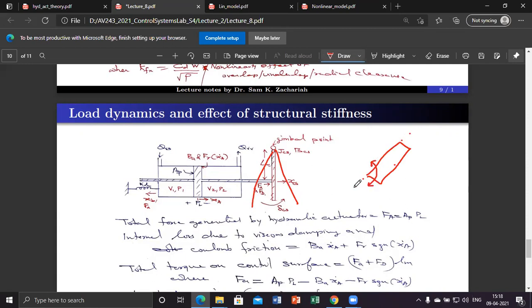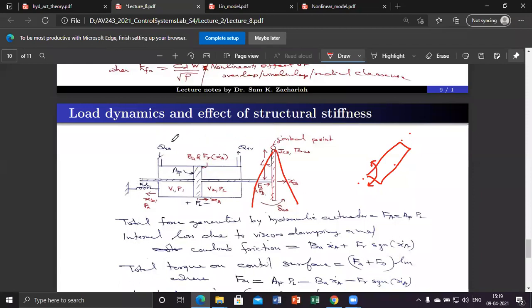This dotted line is the hinge axis of the control surface, and we are connecting the actuator to the control surface. The aerodynamic flow will come here, and because of the deflection of the Elevon control surface, it will produce an aerodynamic control moment on the RLV. And we are connecting the actuator cylinder back to the aircraft or RLV.